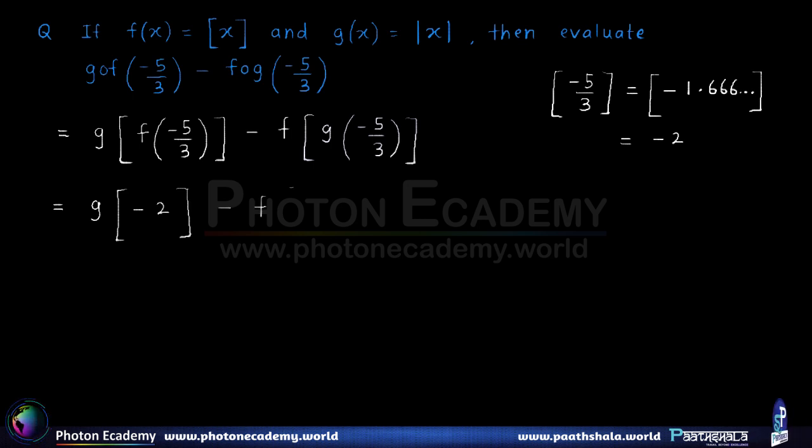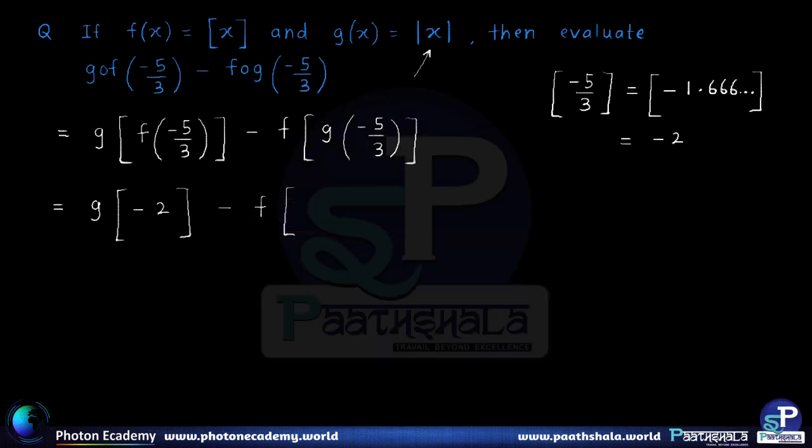Minus f of. Now in the second bracket here we have g of minus 5 by 3, and what is g? G is the modulus function, that is absolute value. So absolute value of minus 5 by 3 is nothing but obviously plus 5 by 3, alright.